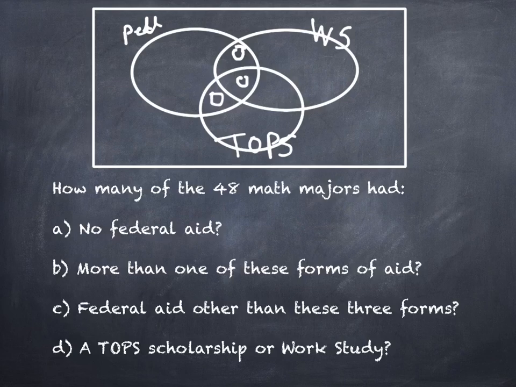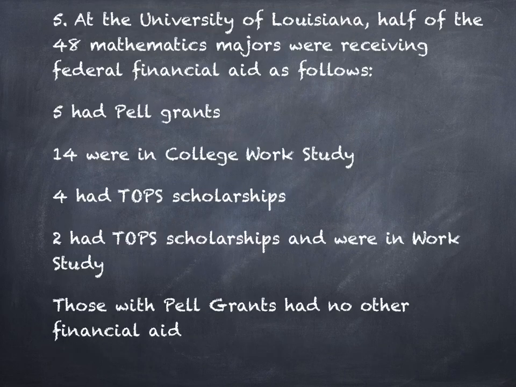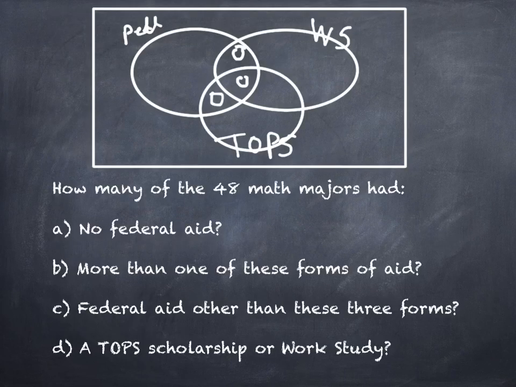One of the things we could go back to is the one that Ethan mentioned, right? We could actually go back to now the work study TOPS where they overlap. So let's do that since he mentioned that one first. Work study and TOPS is how many? 2. So I can put a 2 in here now. What else can I do?